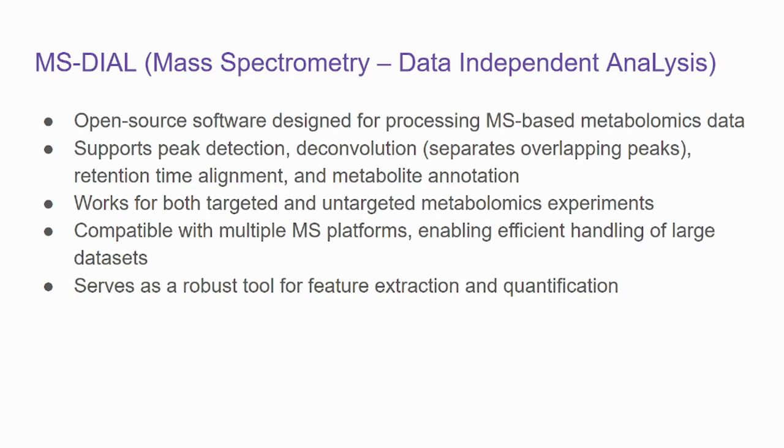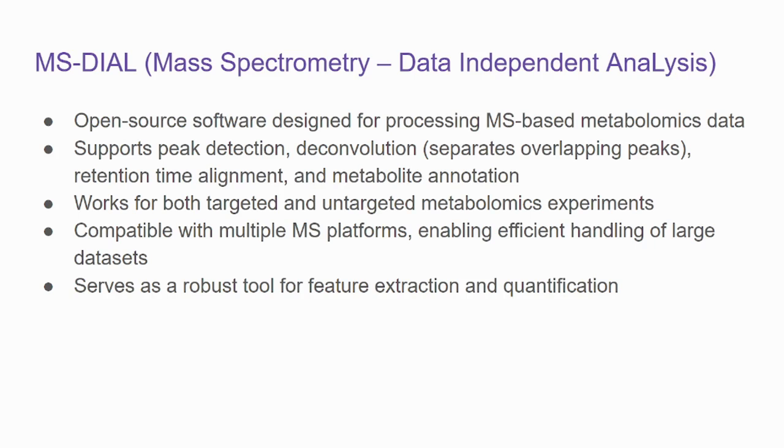Both work in a similar way, with only a little bit of difference, but mostly the parameters and all are the same. MS-DIAL means mass spectrometry data independent analysis. It's open source software for processing mass spectrometry based data. It supports peak detection, and we can do deconvolution, that is, trace overlapping peaks.